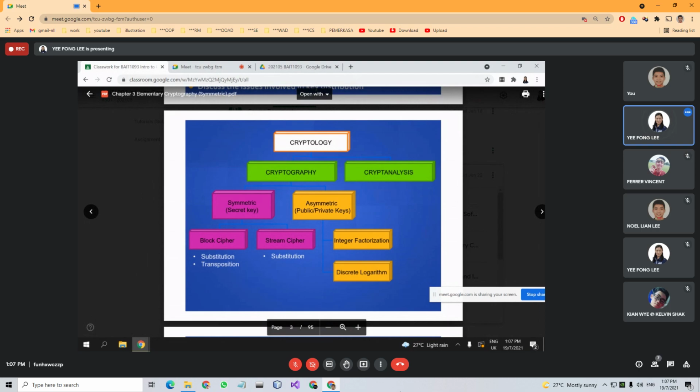You are going to see this word very often in this chapter. So for today, we will cover cryptography, symmetric, and then block cipher, stream cipher. Asymmetric, about the public-private key, will be next week.